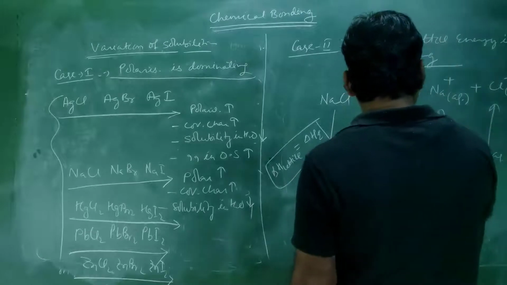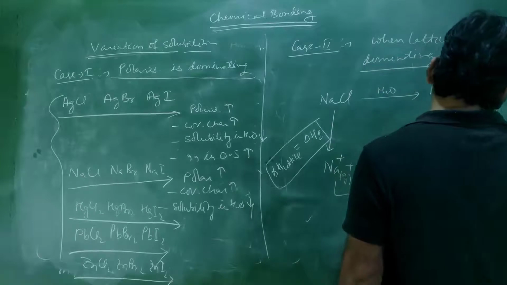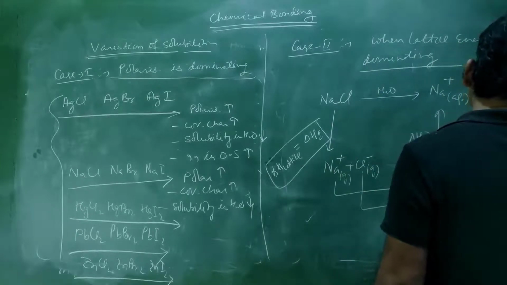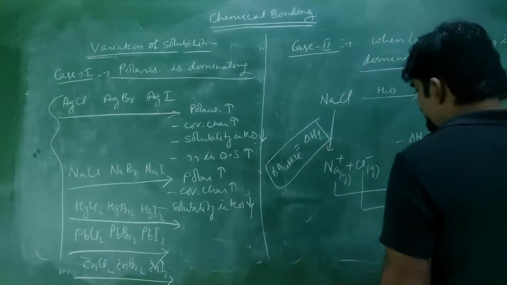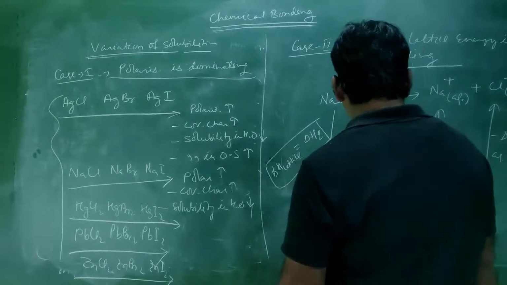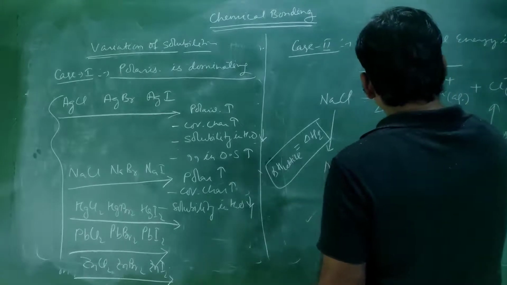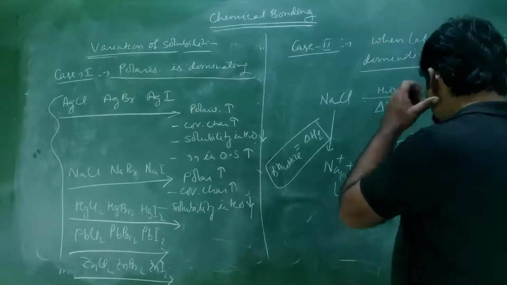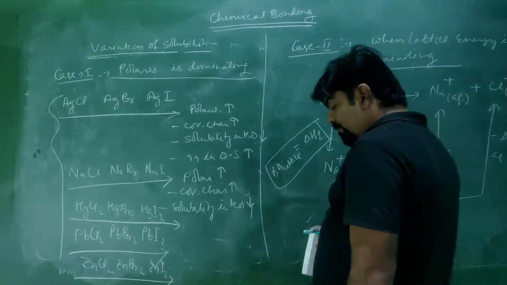Over here hydration enthalpy is the energy change. This hydration enthalpy will be negative, and this value is positive. The solution formed, that is the enthalpy of solution. This is the net process involved.